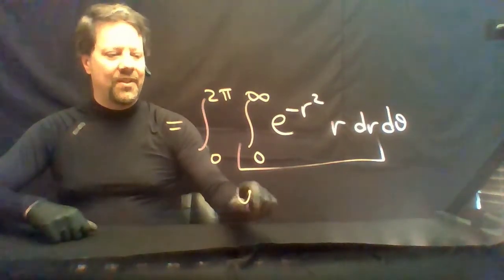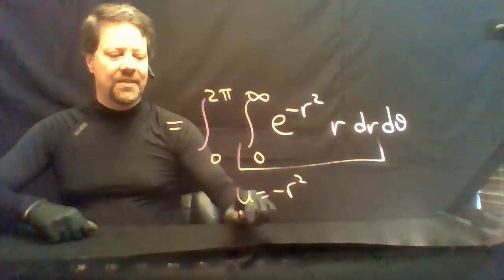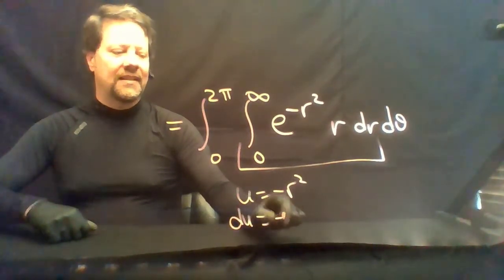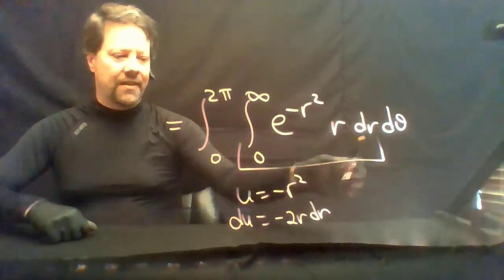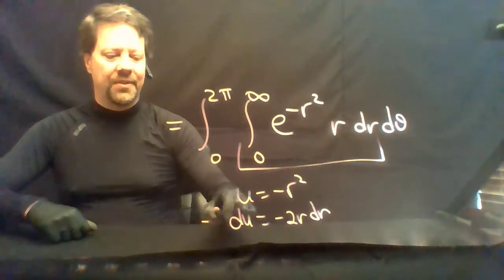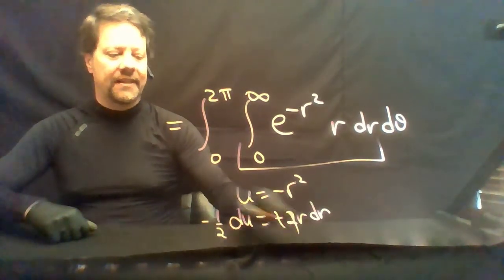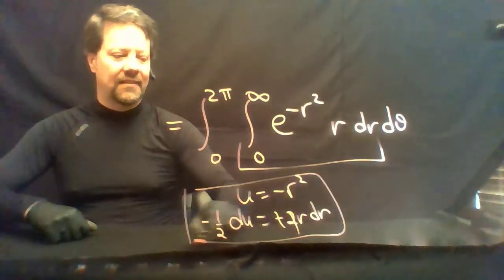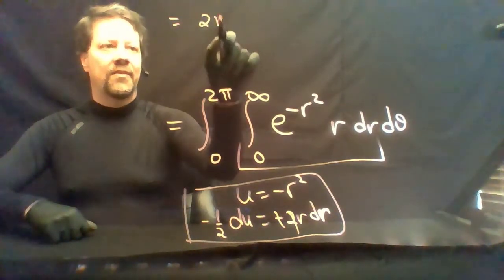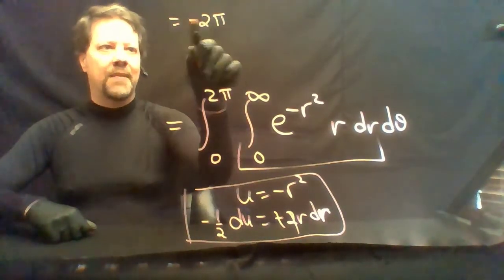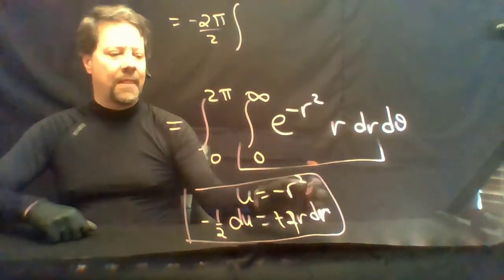We're going to set u equal to minus r squared so that du is minus 2r dr. We have the r dr, but we don't have the minus 2, so I'm going to move that over to the other side. We have the 2 pi for free, but we get a minus 1/2 out front.